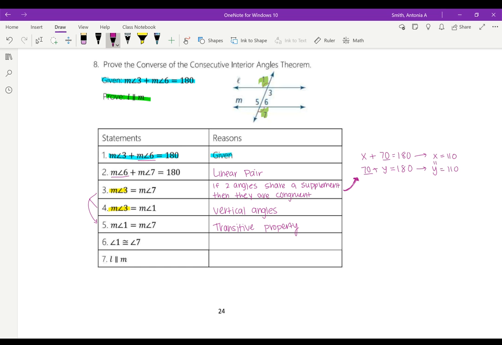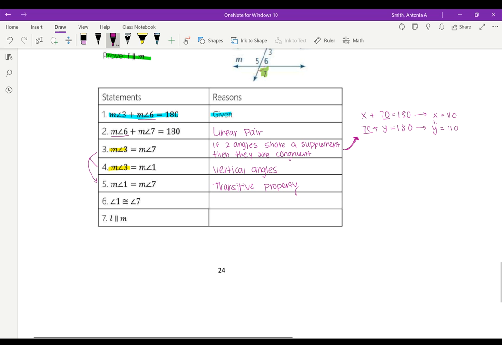They both equal the same thing, so that means they have to equal each other. And now from 5 to 6, the only thing that's changing is we're going from equals to congruent, which we know mean the same thing. When they mean the same thing, we're using a definition, and the definition is of congruent.